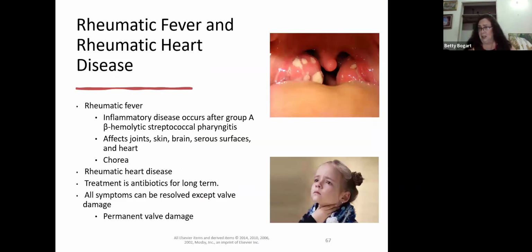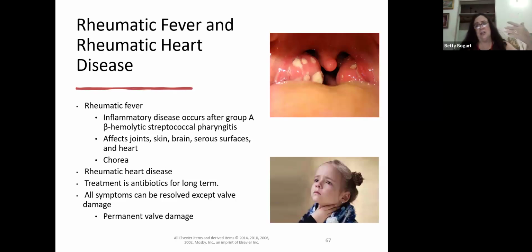And then let's go a little bit more in depth into rheumatic fever. Again, rheumatic fever is due to a strep pharyngitis that was not treated or not treated completely. And what happens is they start with these symptoms, okay? They're still going to be remaining with a sore throat and all those things that go with it, but their joints, rashing, they're going to have that chorea, that weird movements that go on.